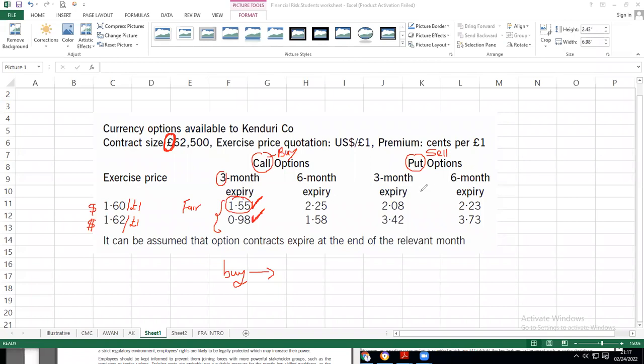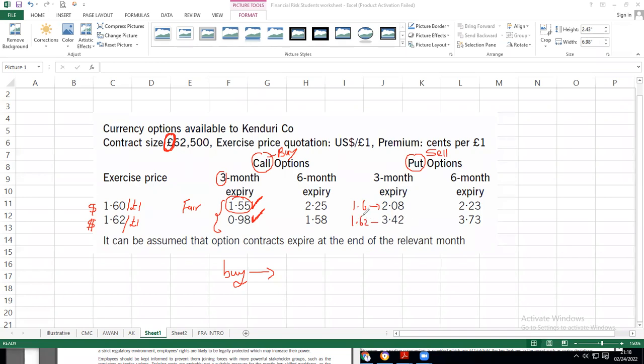Let's come to selling, this side. Now the story has changed. The right to sell a pound. If you want a right to sell a pound at 1.6, you pay that. If you want a right to sell at 1.62, you pay that. Is it logical?